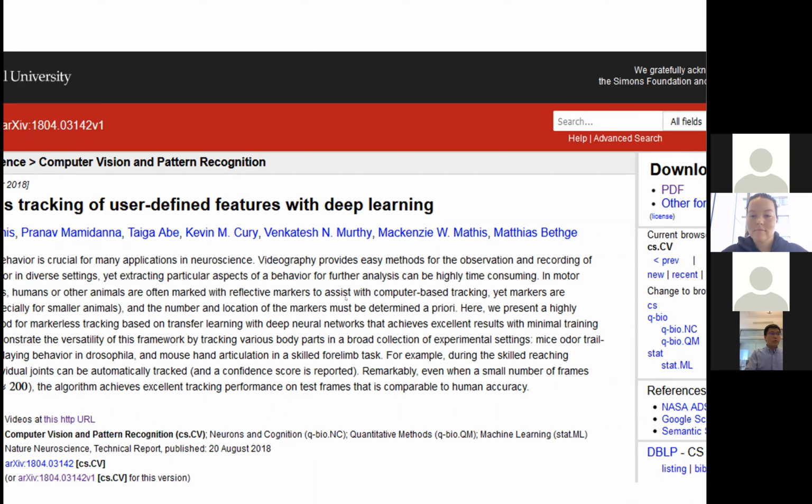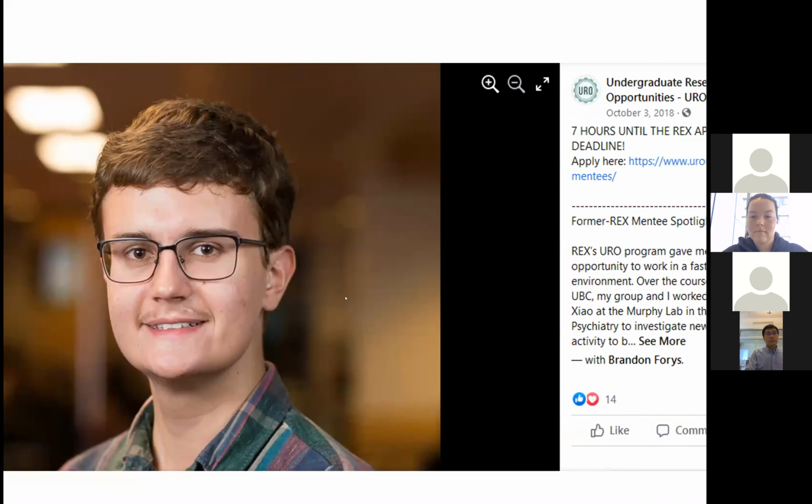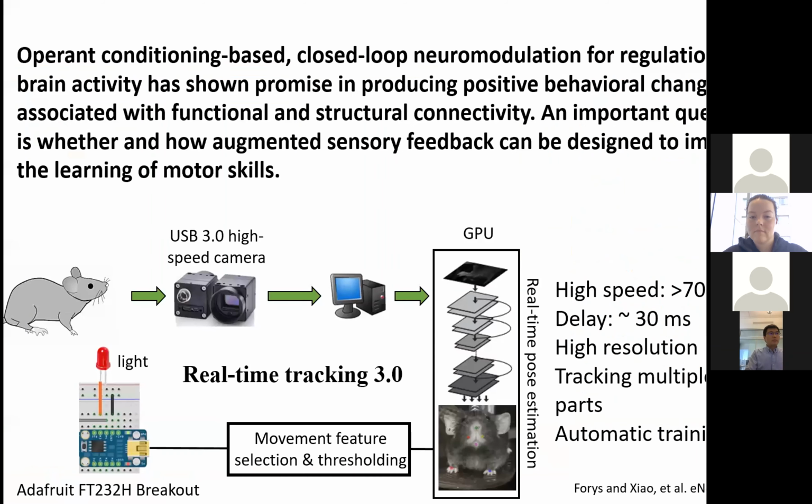So we quickly used these tools in our lab, and I worked with Brandon Freeze, a second-year undergraduate student at UBC, who is very talented. He helped us develop this real-time tracking system, which can track the body parts of the mouse with very high speed and a short delay.